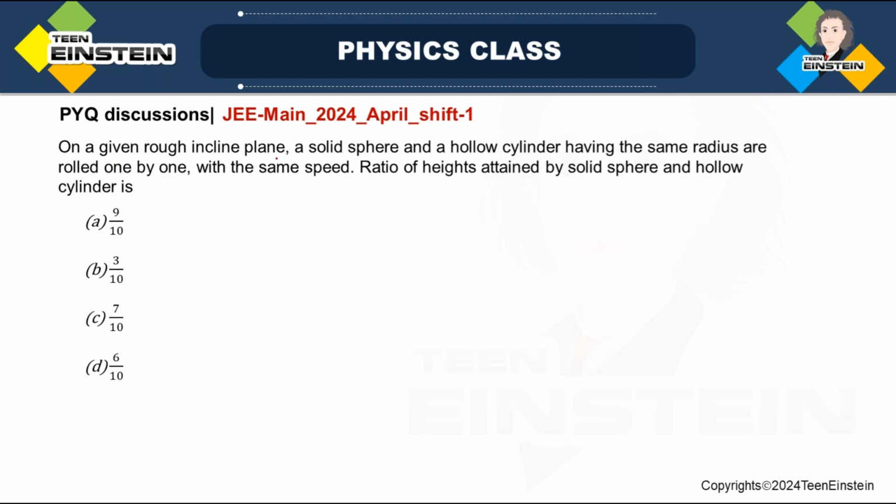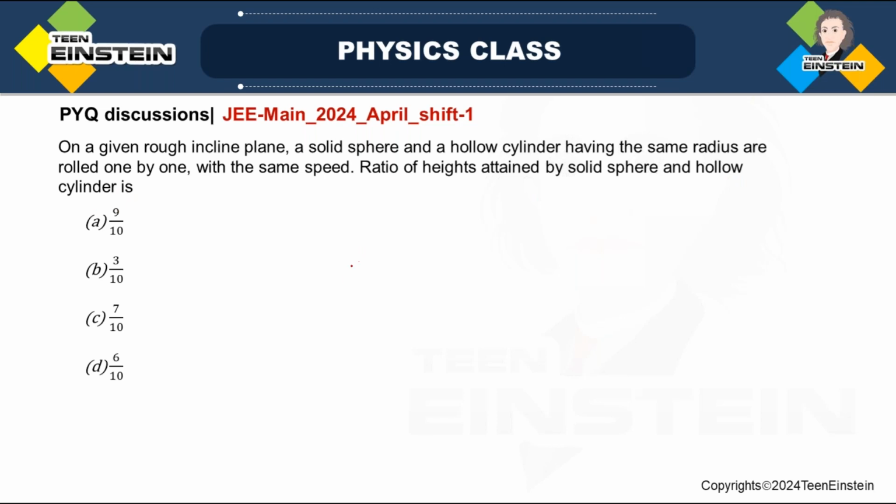On a given rough inclined plane, a solid sphere and hollow cylinder having same radius are rolled one by one with same speed. Ratio of heights attained by solid sphere and hollow cylinder.